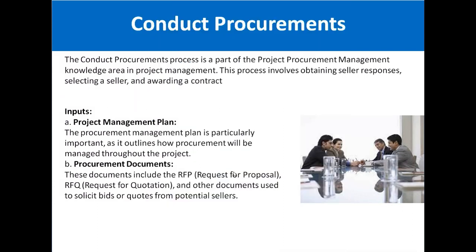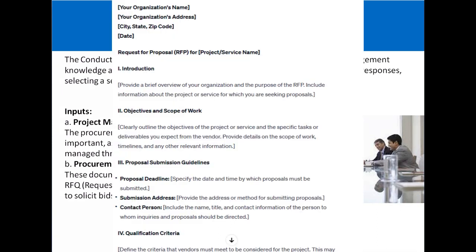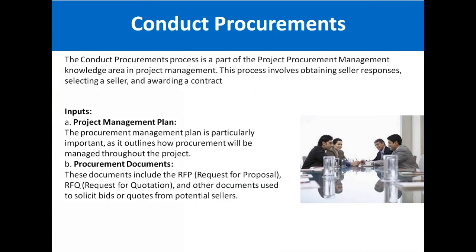Next are the procurement documents, meaning documents like RFP, request for proposal, RFQ, request for quotation, and other scope documents. You use these documents to solicit bids or quotations from multiple sellers.